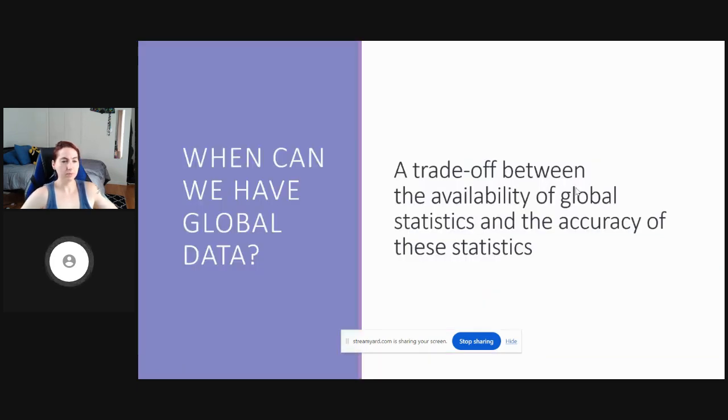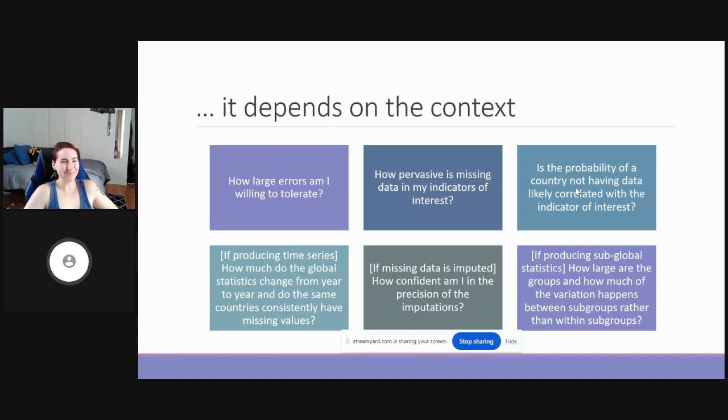Now, one quick mention is when can we actually have global data? I'll give a pretty frustrating answer, which is that it totally depends on the context, which seems like the most obvious answer as well. But I'll try to simplify it a little bit further. The reason it depends a lot on the context, as you might imagine, let's take the poverty case again.